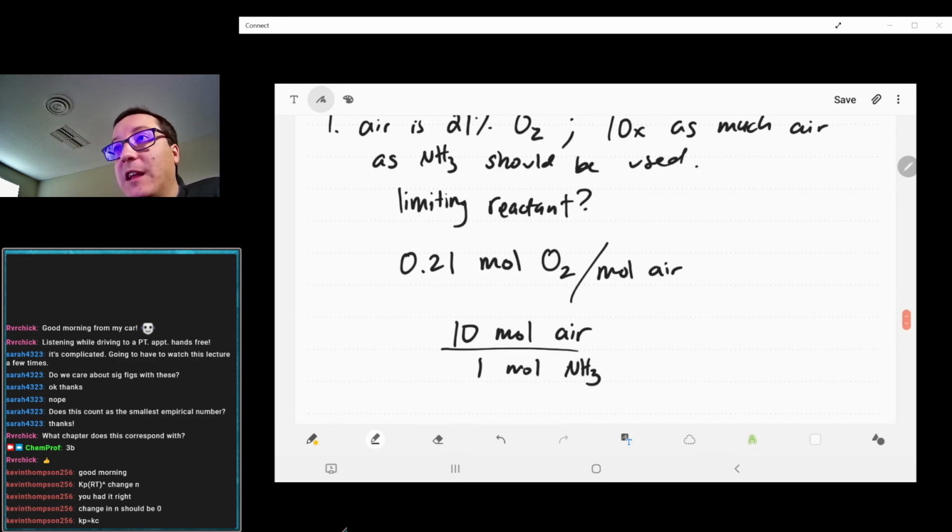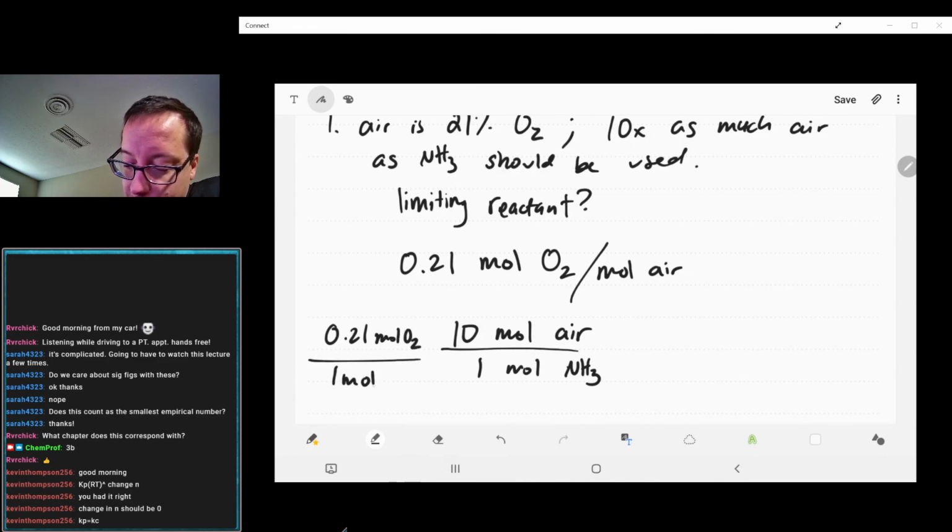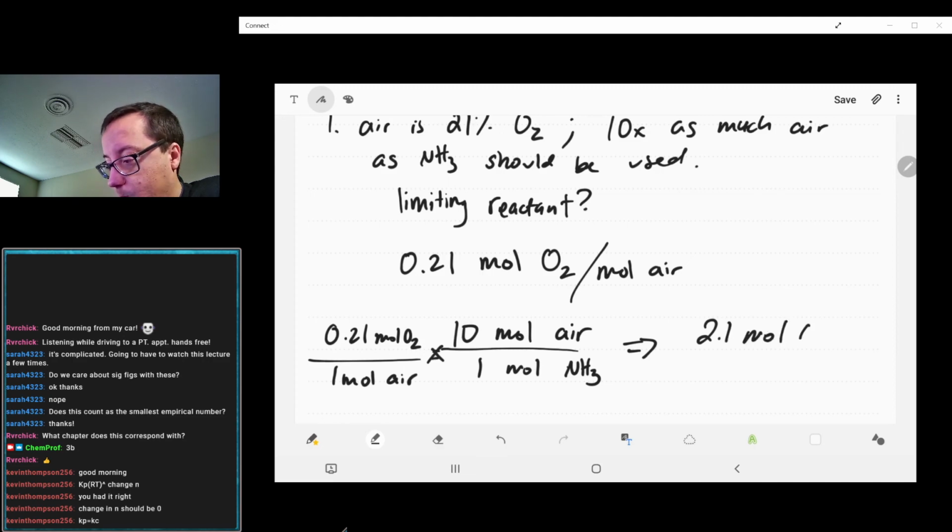Let's see if we can relate these two. We can use some nice conversion factor stuff here, which gives us the ratio we're looking for. So this is telling us that we are going to be using 2.1 moles of oxygen for every 1 mole of ammonia.